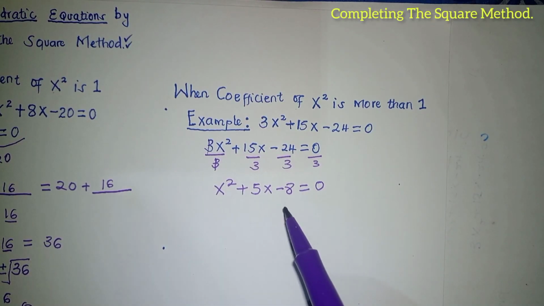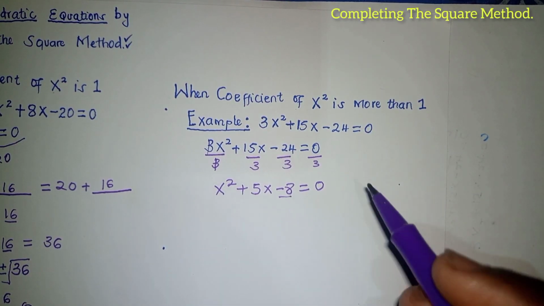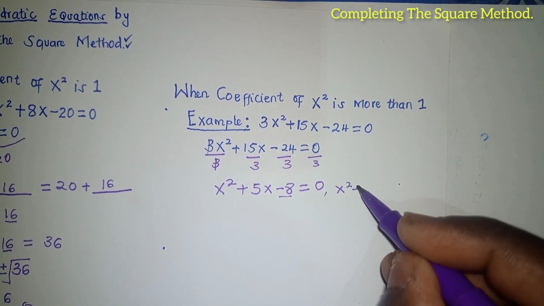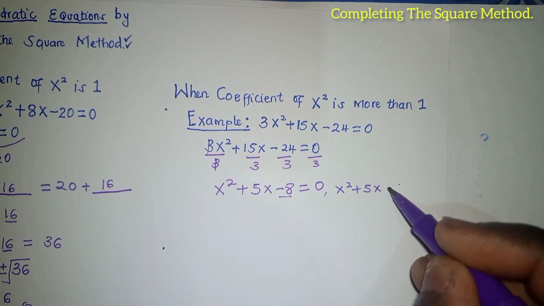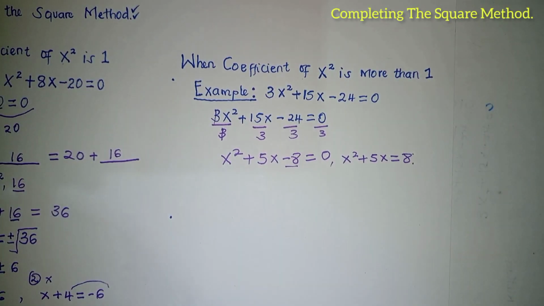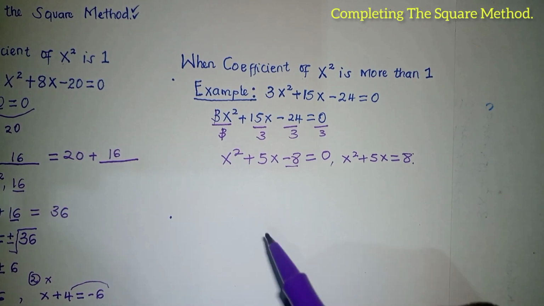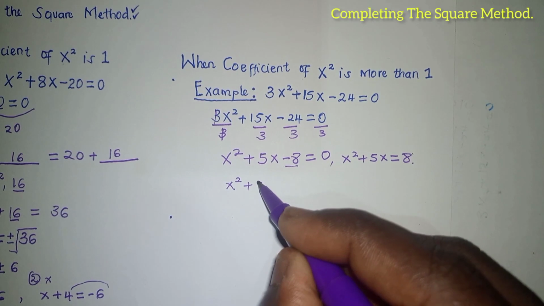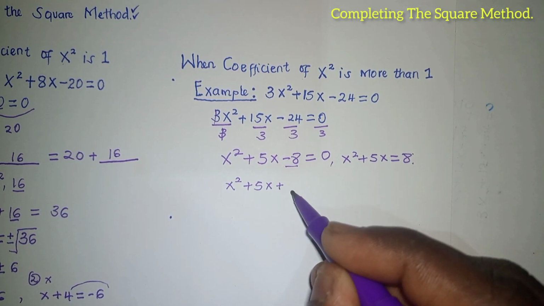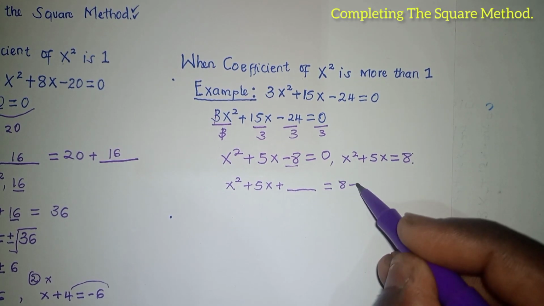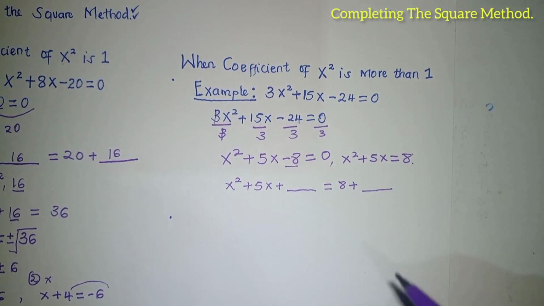As usual, you take this constant on the other side so as to have the equation as x squared plus 5x is equal to 8. The next step as usual is to complete the square. So this becomes x squared plus 5x, then plus, leave a space, then equal sign, 8 plus, create another space.